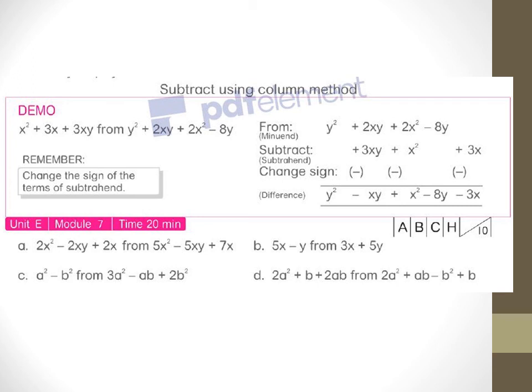So 2x square minus x square means 2 minus 1 x square, that is 1x square, that is x square. Again minus 8y minus 0 will give you minus 8y, there is nothing below 8y, so it is 0. And the last part, there was a 3x, but the sign will change, so it will be minus 3x.